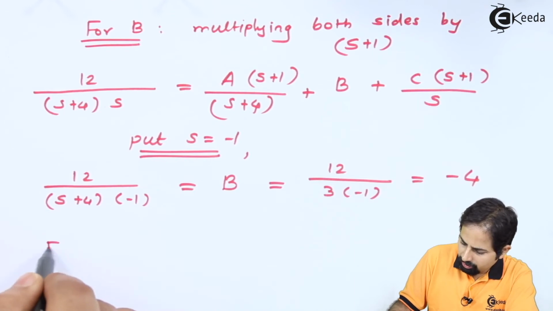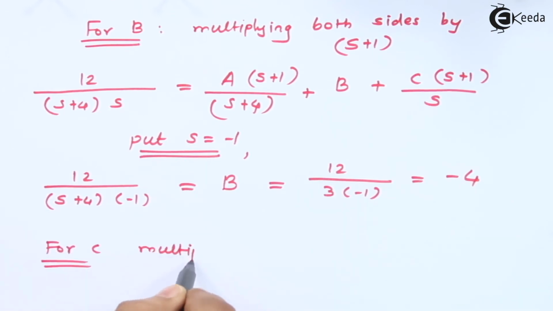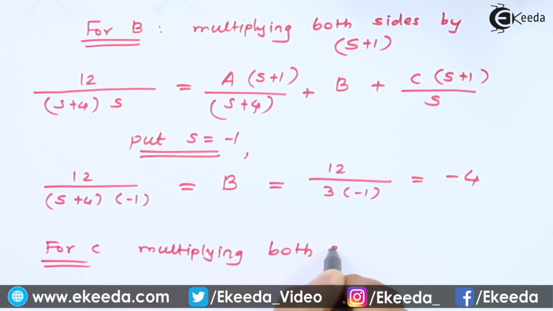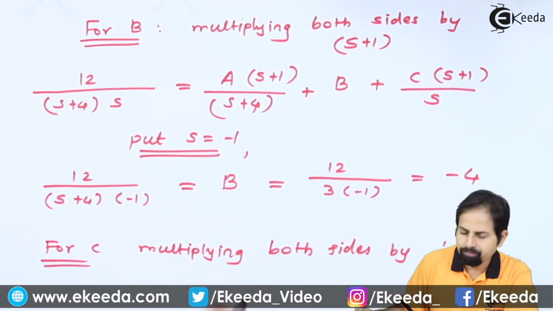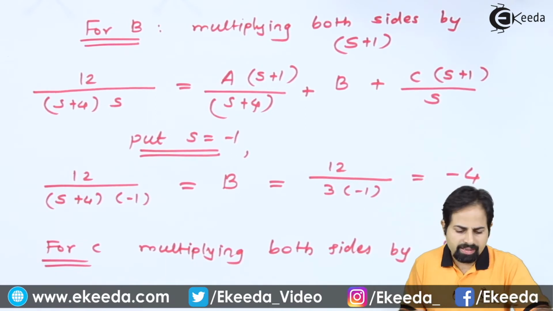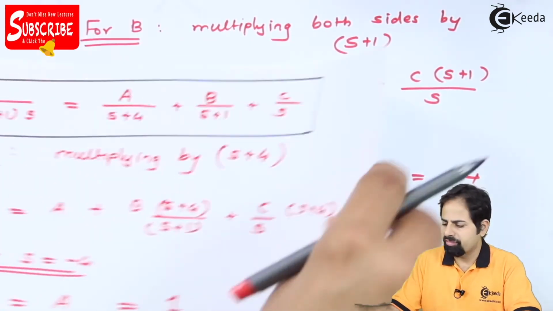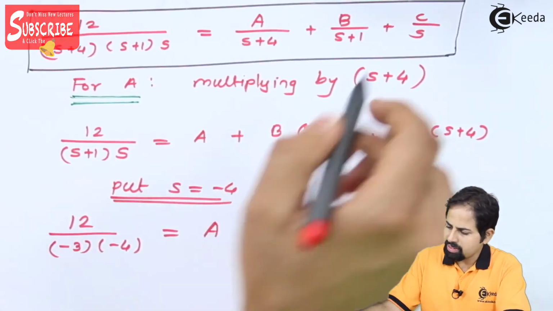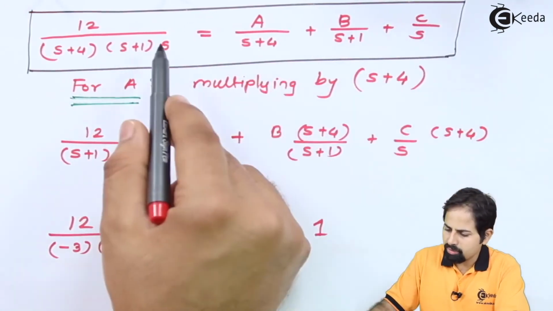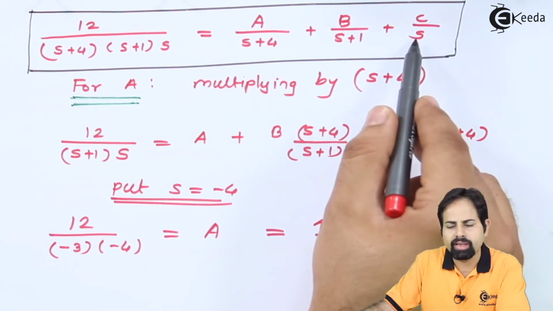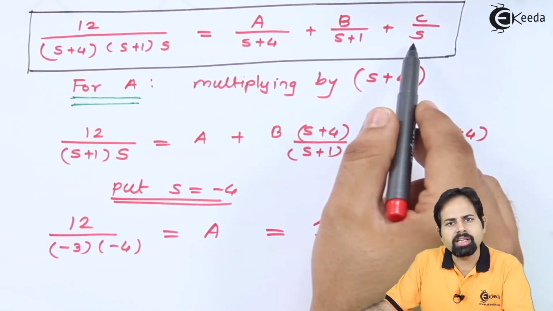and for c, we'll multiply both sides by s. The reason is, every partial expansion has some different technique. So for this c, we will multiply both sides by s, so this s will get cancelled and this also will get cancelled, and then we will substitute s equal to 0.